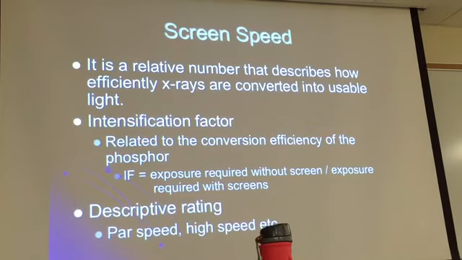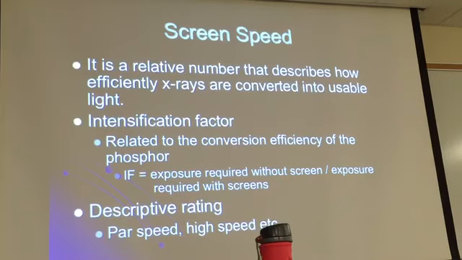Now we're going to make another exposure, but this time we're going to use an intensifying screen. Same hand, make the exposure. Oh, beautiful film, you like it, nice trabeculae, soft tissue, fractures, everything. But in this case, instead of using 40 mAs and 50 kVp, you only use 1.5 mAs and 50 kVp.